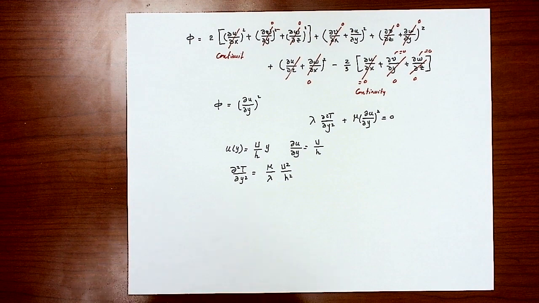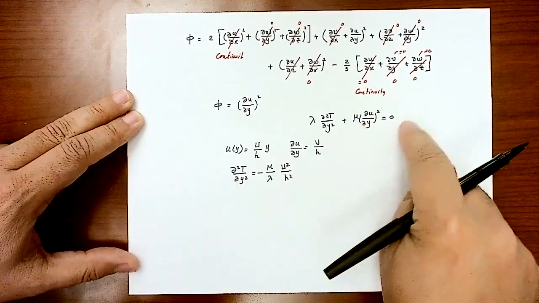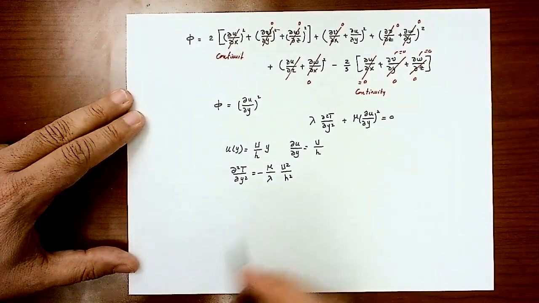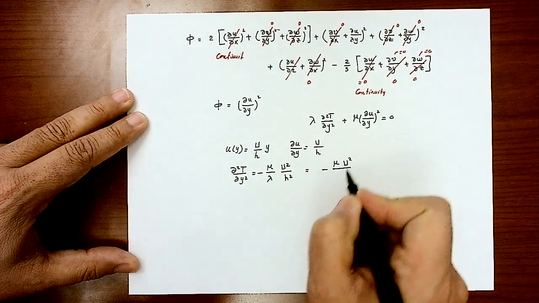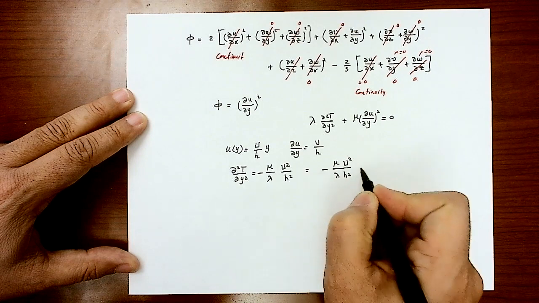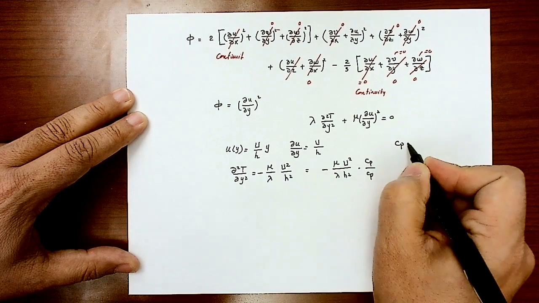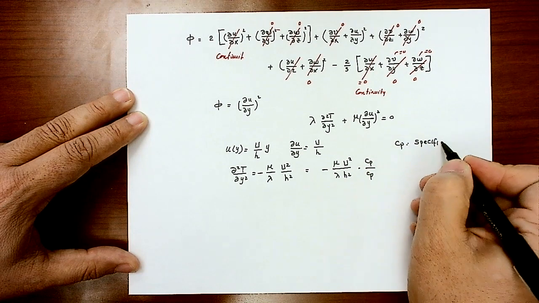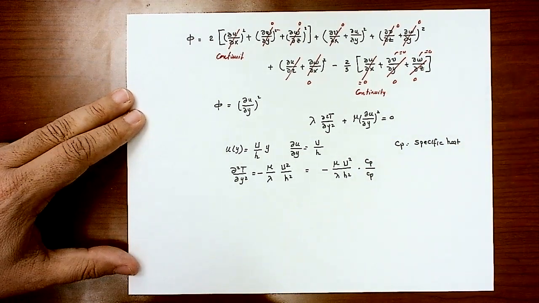So I got that equation here. I think we are missing a minus sign here. This term is going to go to the right-hand side, so I'm going to have a minus sign here. So I have minus mu U squared divided by lambda H squared. Let me multiply by Cp divided by Cp, where Cp is the specific heat. And let's see what we can do in here.